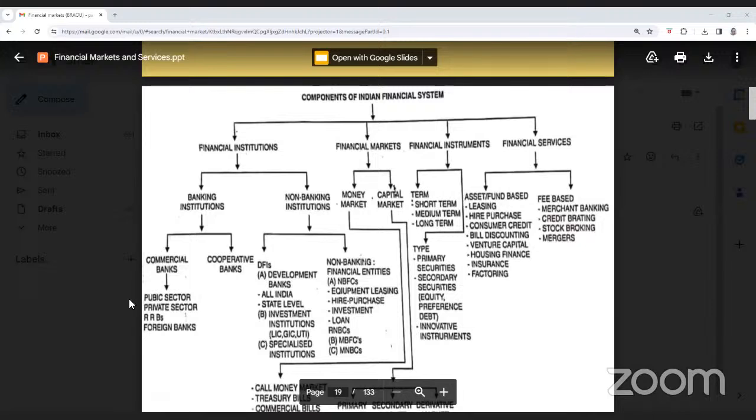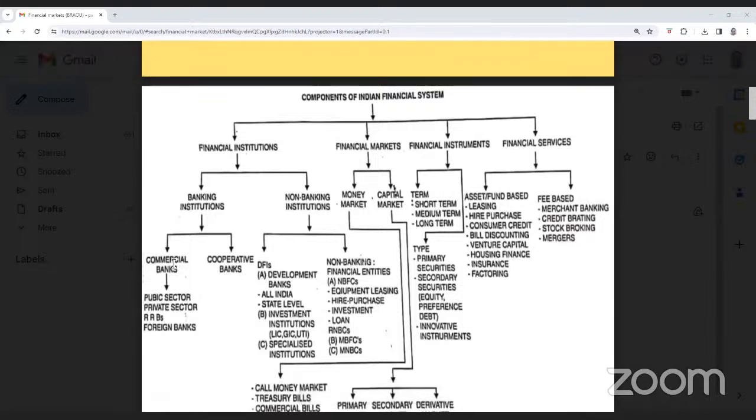In banking, we have the commercial banks and the cooperative banks. Under the commercial banks, we have public sector, private sector, RRB, that is regional rural banks, and foreign banks. Cooperative means the people themselves come together in particular villages and make one society, that is cooperative banks.